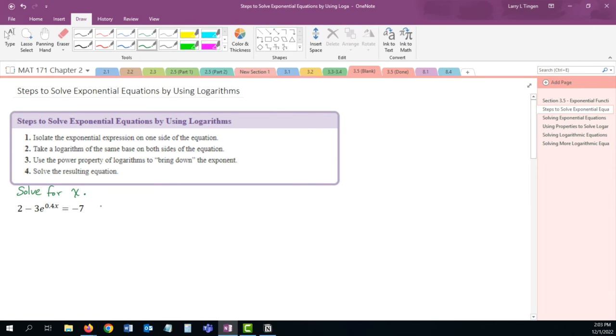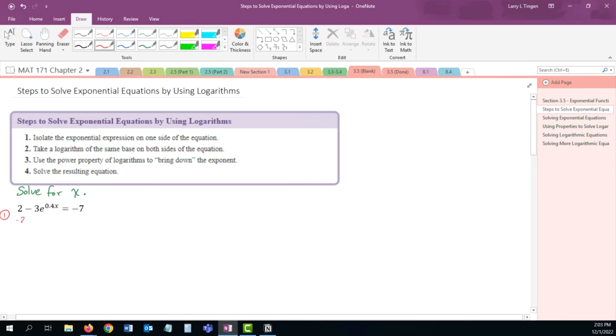The left-hand side and the right-hand side of the equation are expressions, and then when we throw the equals in the middle, it becomes an equation. So I want to isolate this e to the 0.4x. So let's do that, step 1.